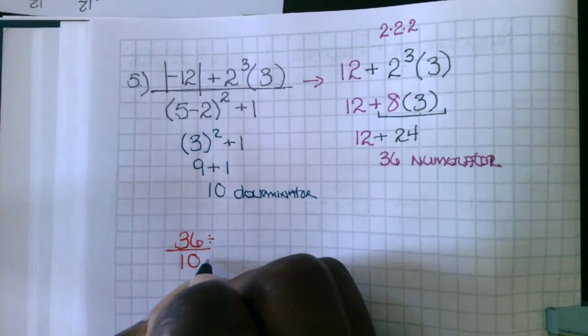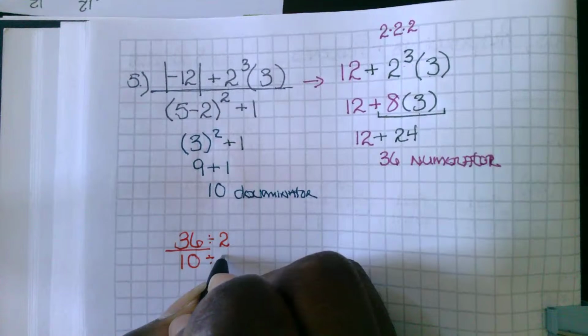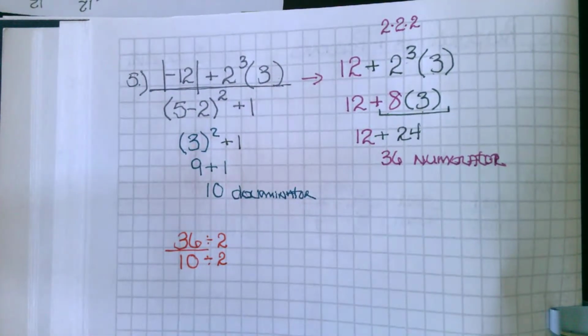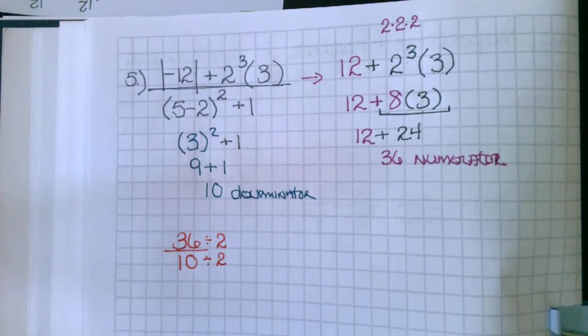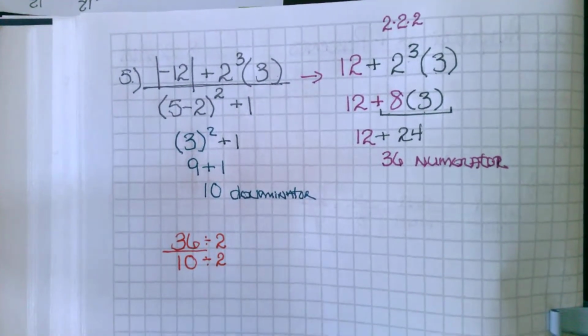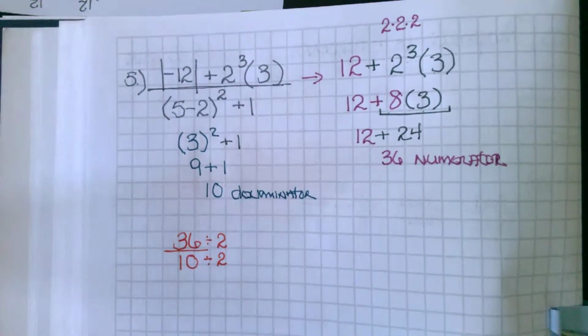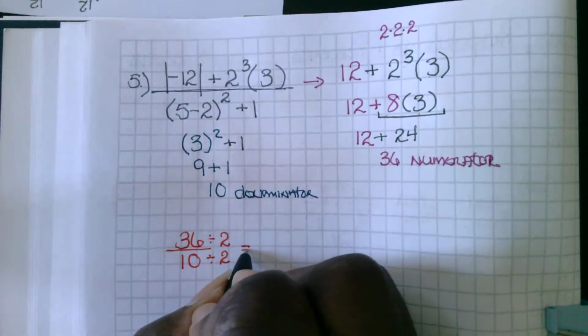So what I do to reduce a fraction, I take what they have in common in factor form, and I reduce it. Most of the time, if there are even numbers, you can divide by an even number. 2, 4, 6, sometimes 8. Sometimes even higher.